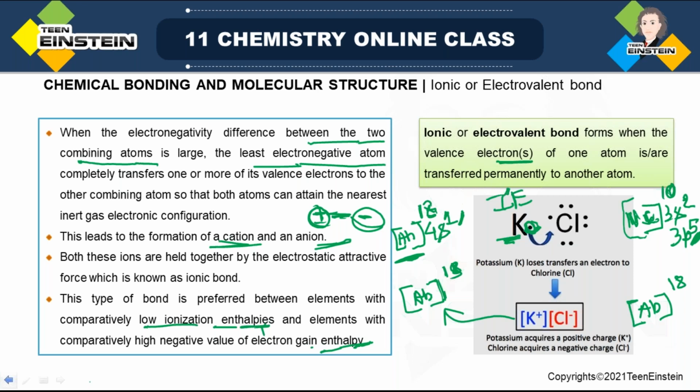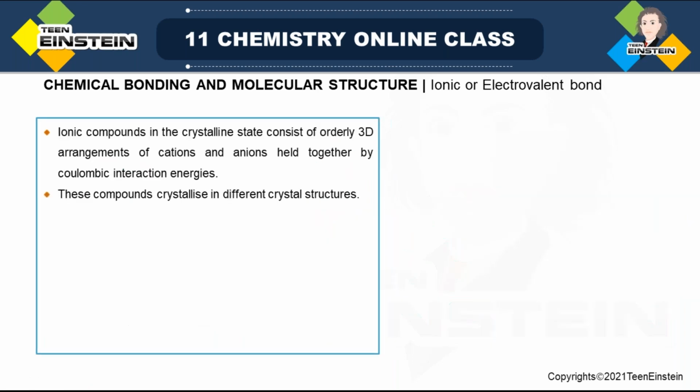K plus is the cation, Cl minus is the anion. So these cations and anions have an ordered arrangement. It is not that the arrangement is very random. There is an ordered arrangement, and this type of ordered arrangement is basically a crystal. It forms a crystal, so they are in the crystalline state.